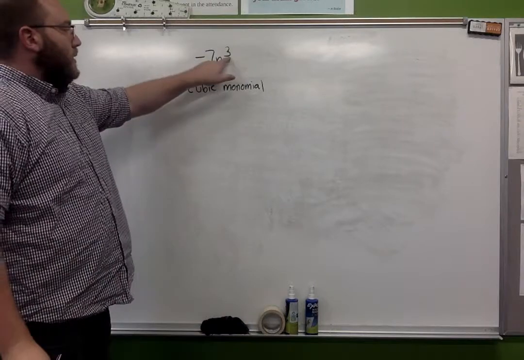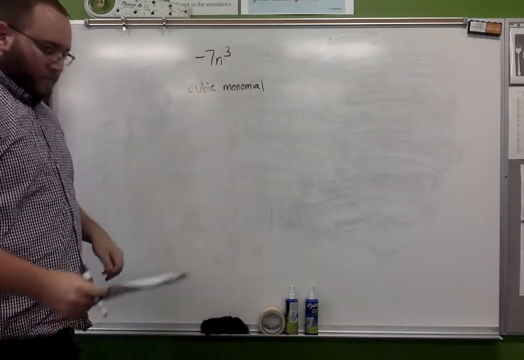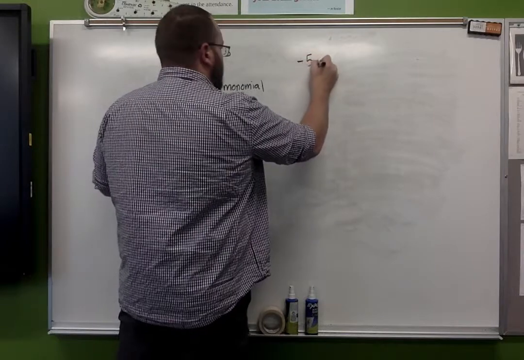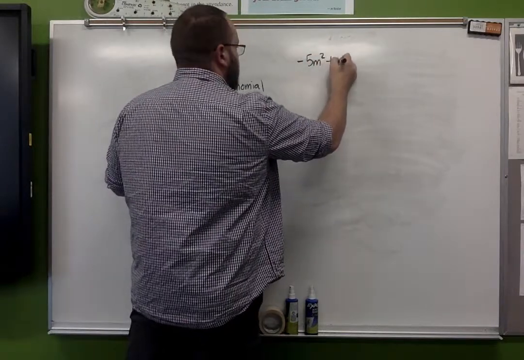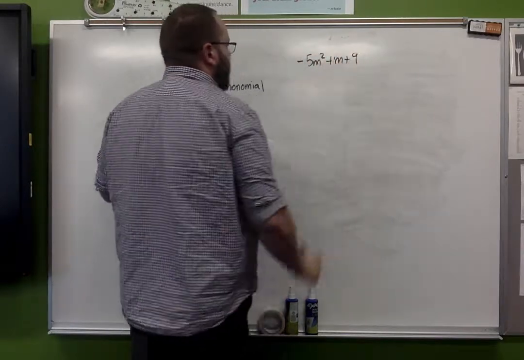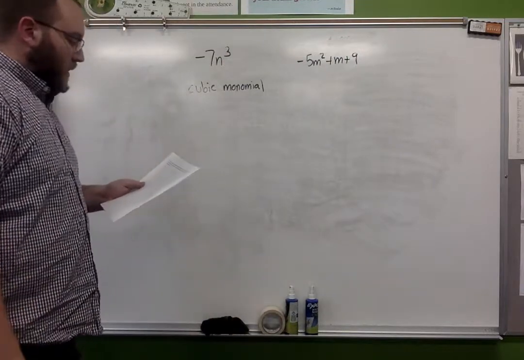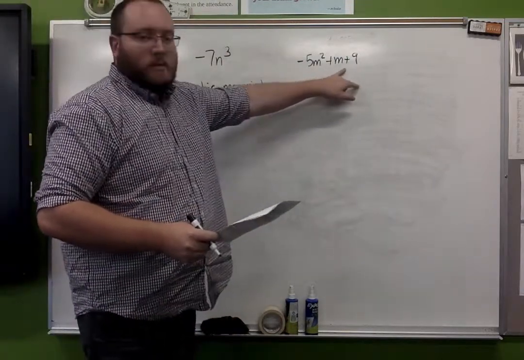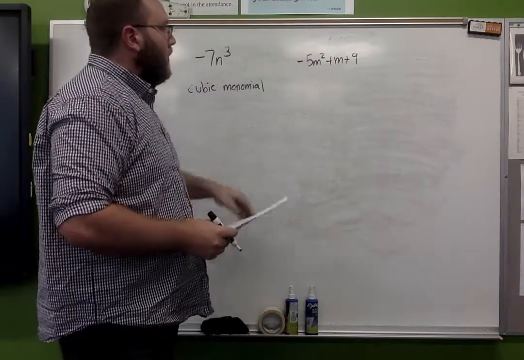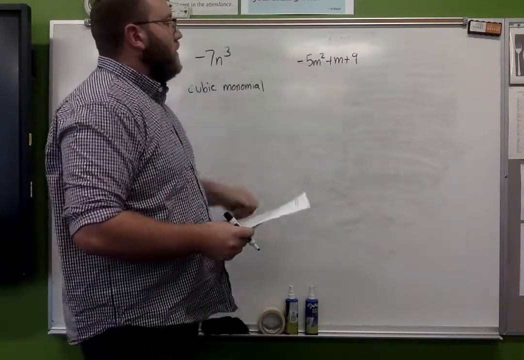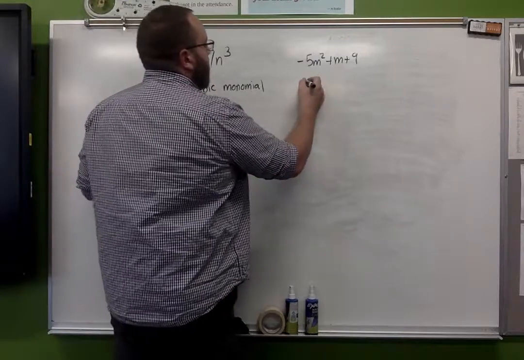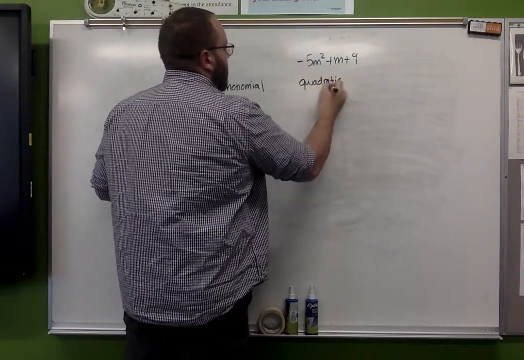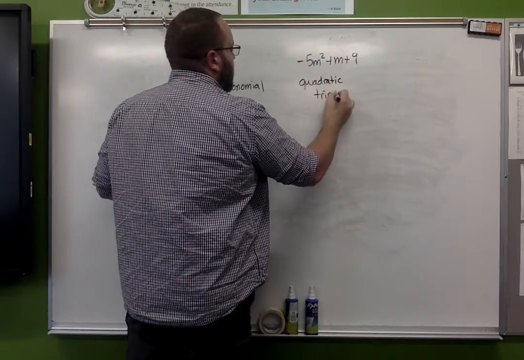Cubic degree 3, one term, monomial. The next one, minus 5m squared plus m plus 9. There's 3 terms, so it's a trinomial. The biggest degree is 2, so it is a quadratic trinomial.